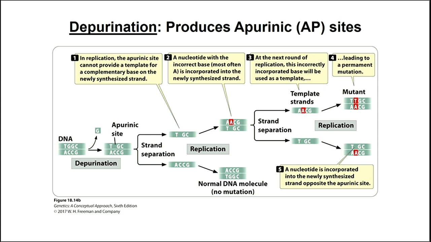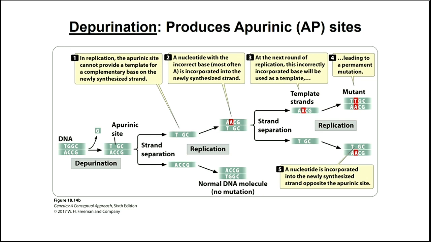So it's like, oh, I don't know what goes here, let's put an A. So it's going to put an A across from that empty spot. But really across from that empty spot was supposed to be a C. But on this strand here, there was no change. So when this is replicated, it's completely normal. So now we have two daughter cells. One daughter cell is normal, and in one daughter cell we have an A across from an empty spot.